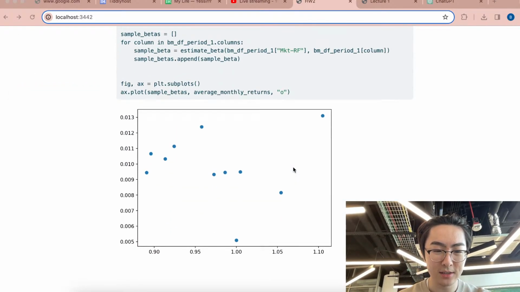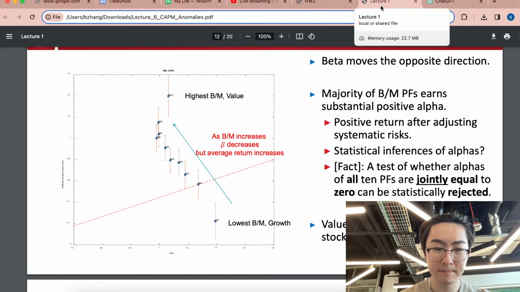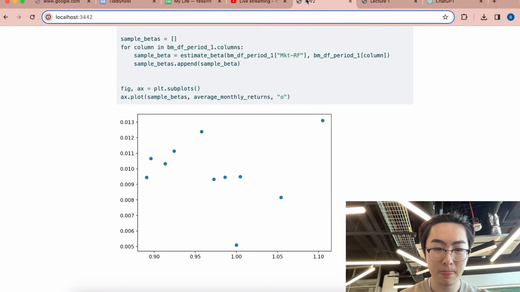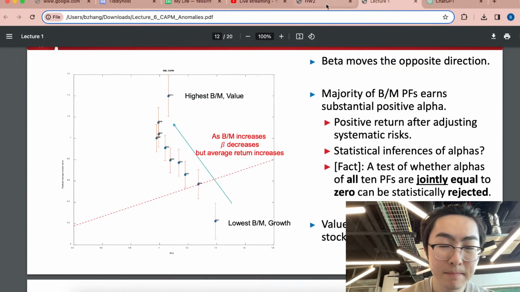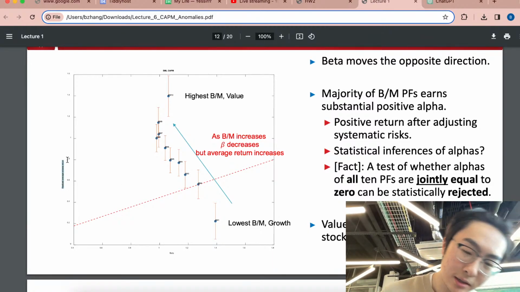So this is not what I would expect this to look like. Hmm. Realized average excess return.